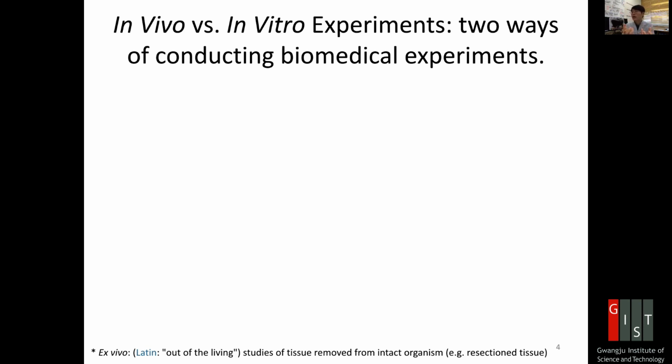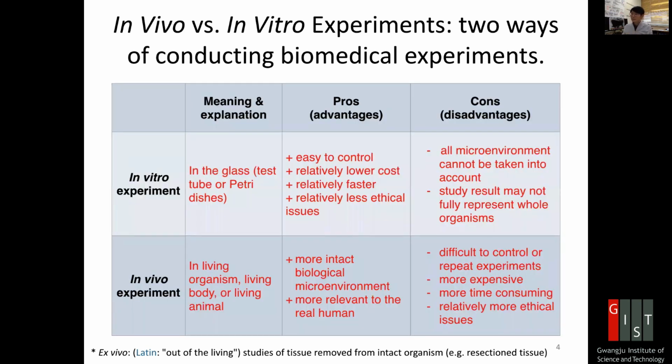But this is how, in biomedical experiments, we can conduct and develop a strategy to treat or monitor the drug activity. So here's a table I prepared. That's the typical two approaches: in vitro experiment and in vivo experiment.